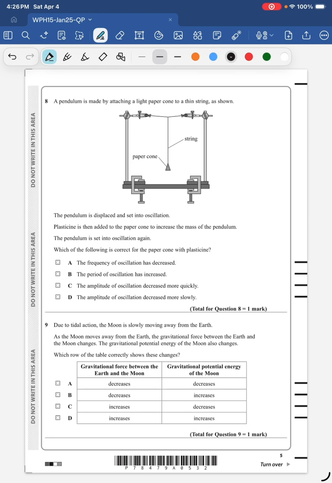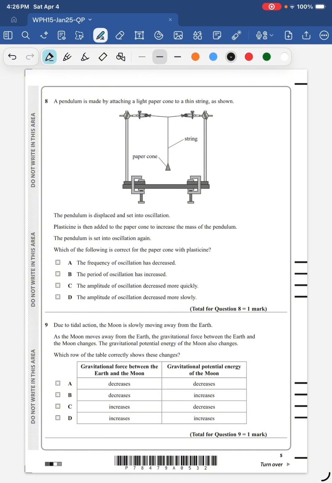All right, question 8. A pendulum is made by attaching a light paper cone to a thin string as shown. The pendulum is displaced and set into oscillation. Plasticine is then added to the paper cone to increase the mass of the pendulum. The pendulum is set into oscillation again. Which of the following is correct for the paper cone with plasticine?